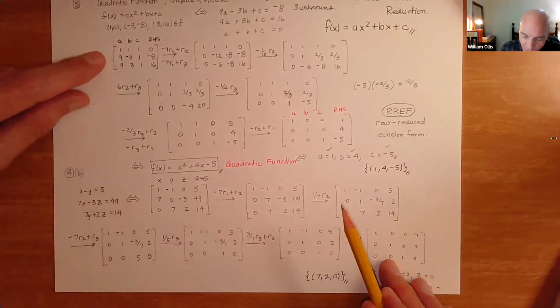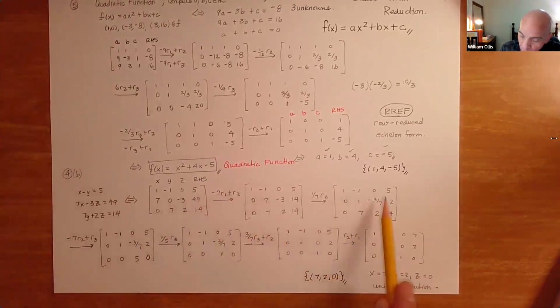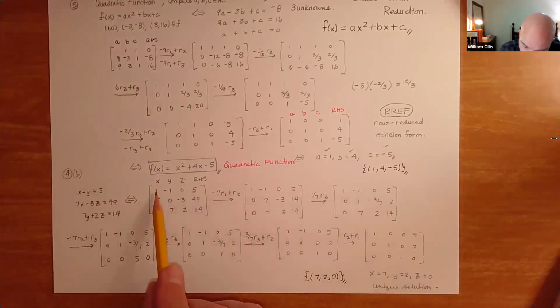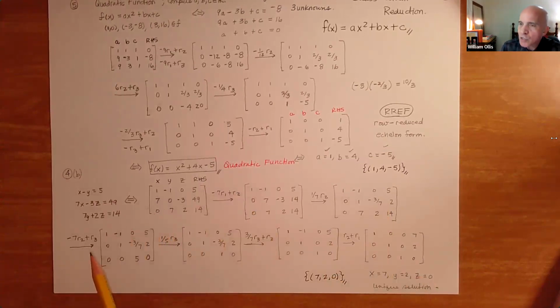Just like the last problem, we want to create as many ones and zeros as we can. Notice here we have a leading 1, so we're ready to go. Look at that, such a gift. We have a 0 there. So when you write down your original system and you've got ones and zeros in advantageous places, part of your work has already been done.